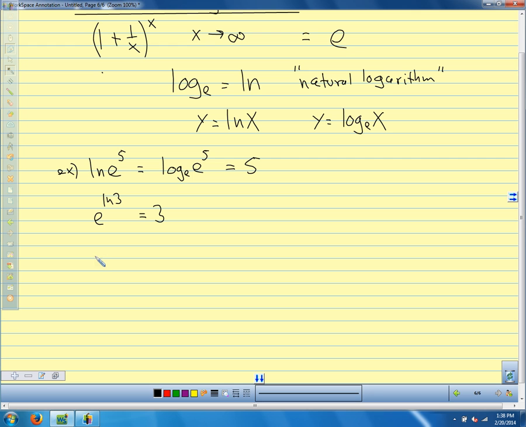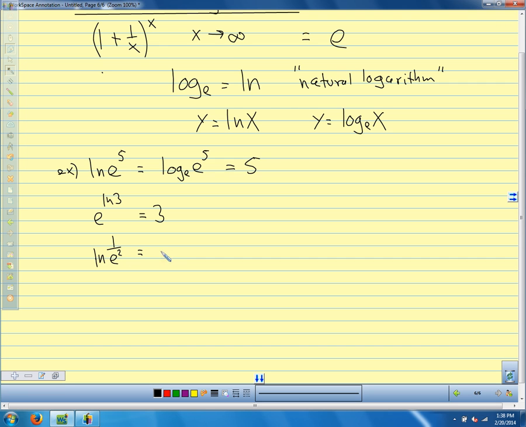One more easy example. Natural log of 1 over e squared. The power of e that gives me 1 over e squared. What is it? Someone said it.